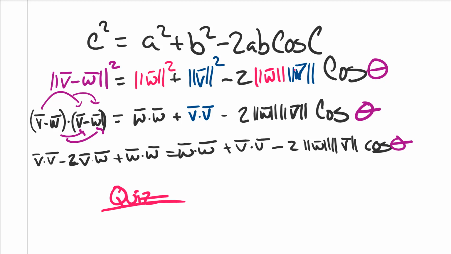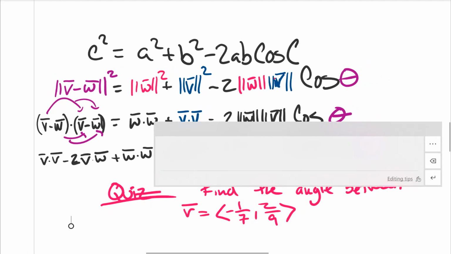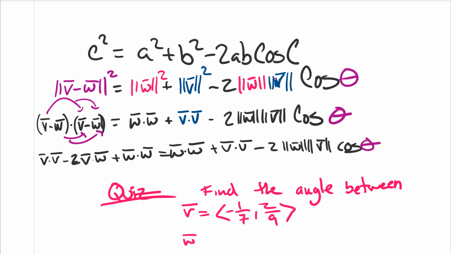Here it is. I just want you to find the angle between vector v, which is equal to, and you're welcome for these horrible fractions, negative 1/7, comma, 2/9, and vector w is going to equal 3/4, comma, 1/10.